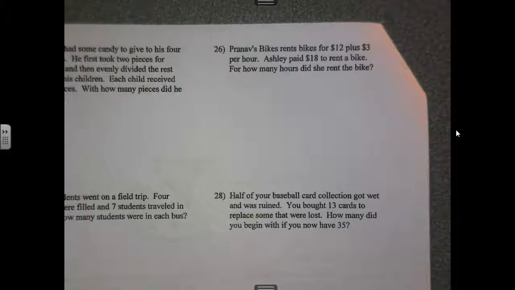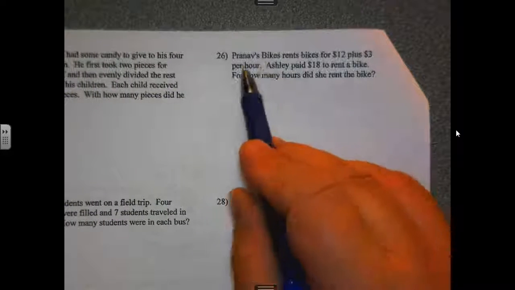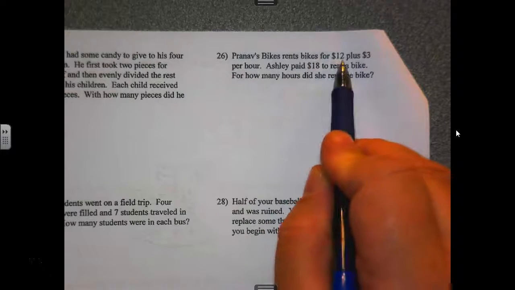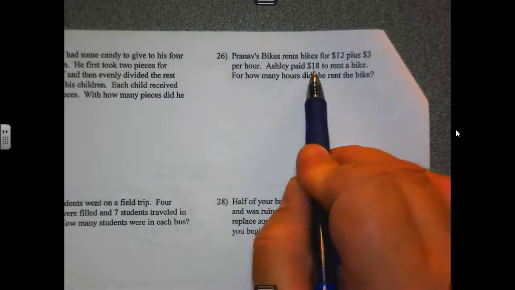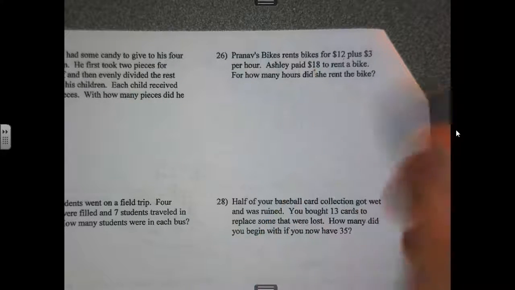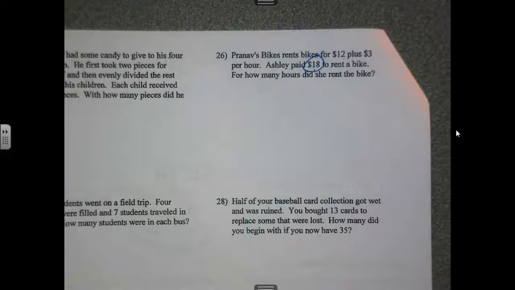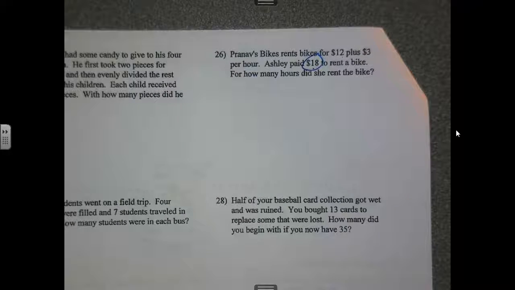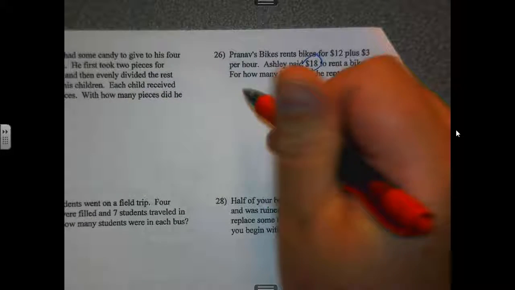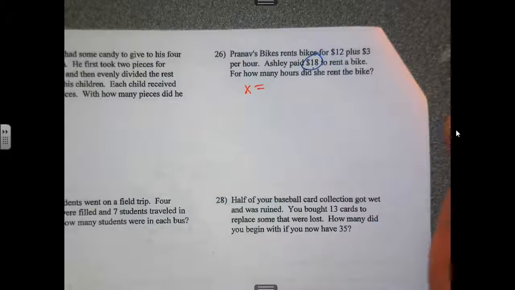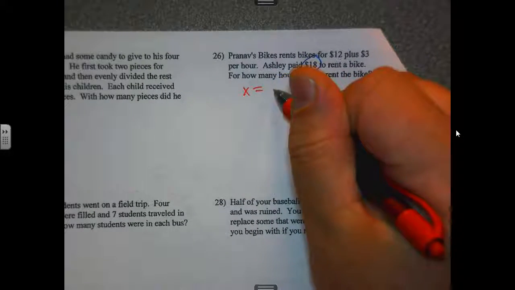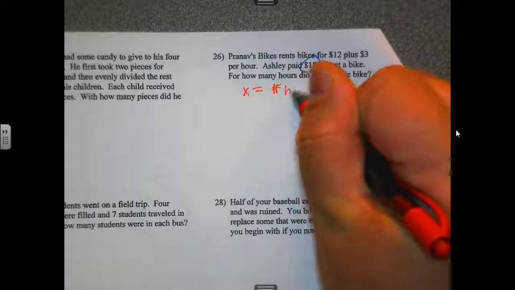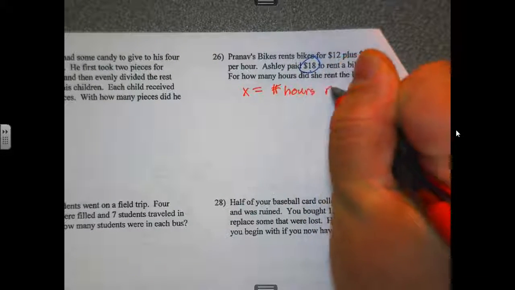Let's do one more. Let's see. Provenance Bike rents bikes for $12 plus $3 per hour. She paid $18 to rent the bike. So that's your total. How many hours? So x, quiet down, please. x is going to equal the number of hours rented.